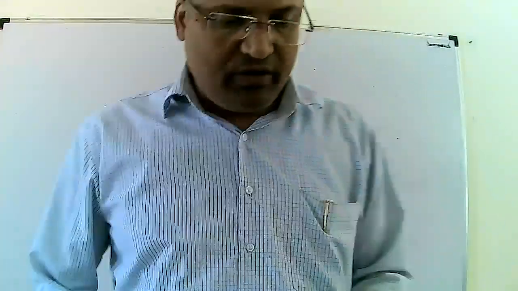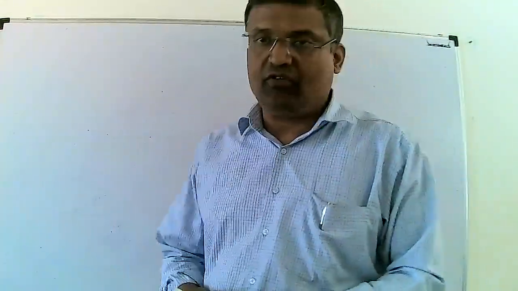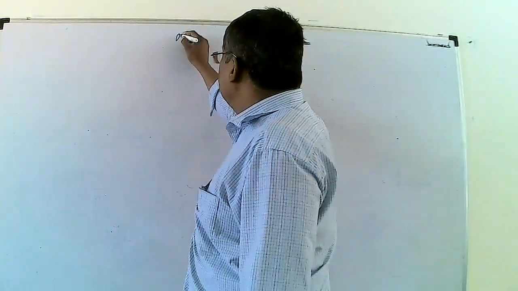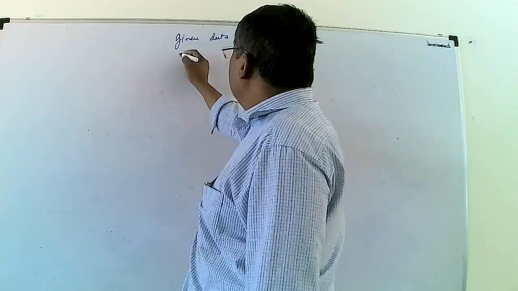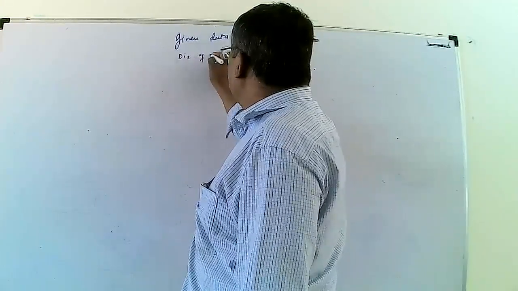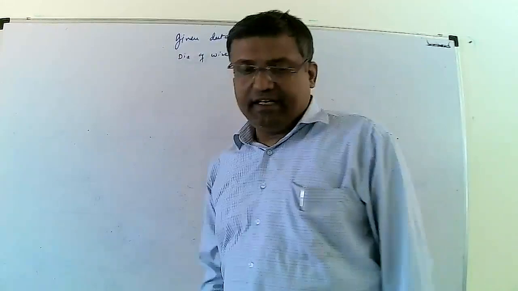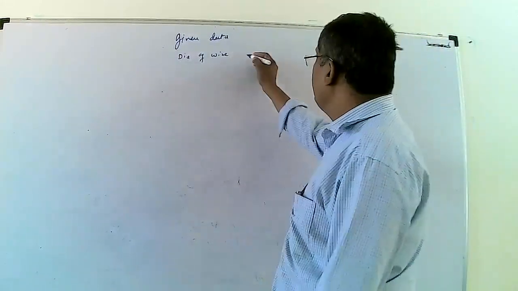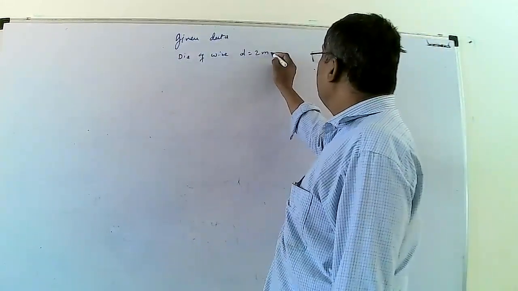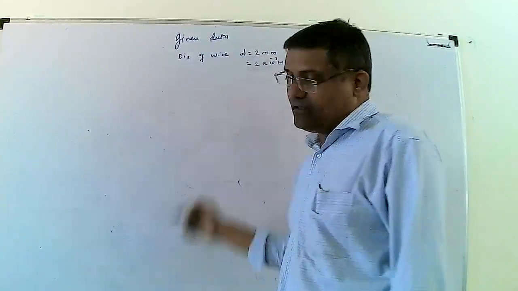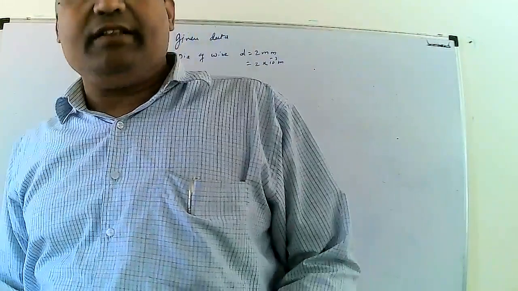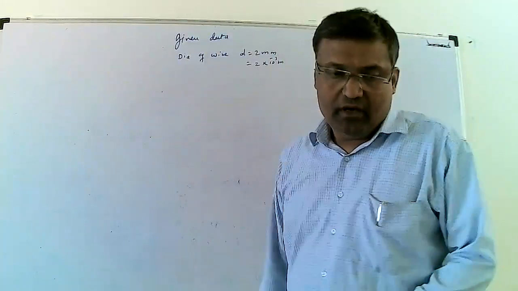Here, whatever information you have to provide, given data: diameter of wire D is given 2 mm, then convert into meter, 2 into 10 raised to minus 3 meter, because 1 meter is equal to 1000 mm.